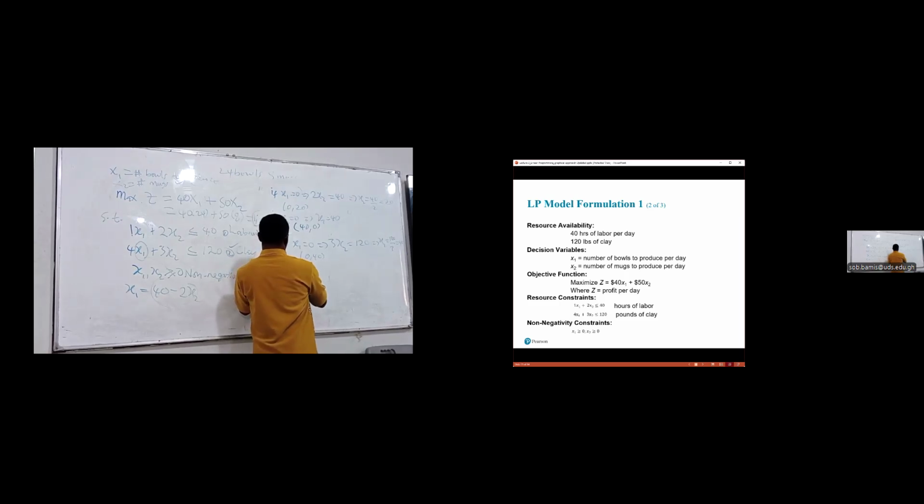Now, if x2 is equal to 0, this term will be 0. So we will now have 4x1 is equal to 120.